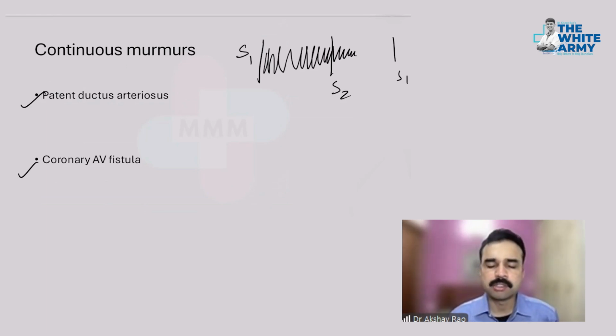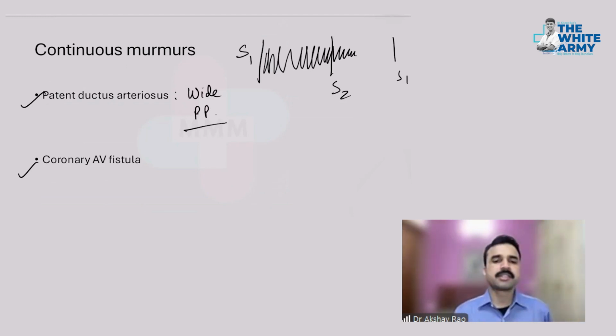Associated with the PDA would be findings of wide pulse pressure. So if you're suspecting PDA, with some suspicion of congenital rubella or other syndromes, and you're hearing a continuous murmur from S1 through S2 into part of the diastole, then you should check for wide pulse pressure signs. Wide pulse pressure means systolic is very high, diastolic is very low.